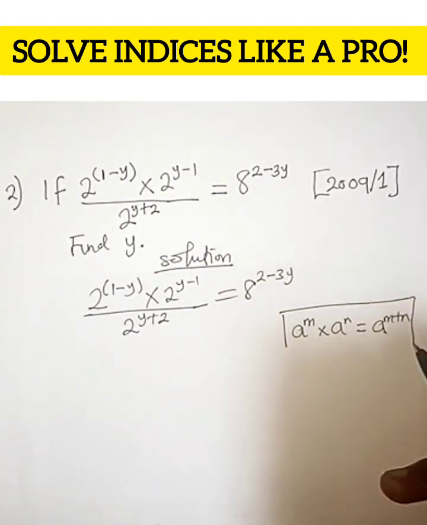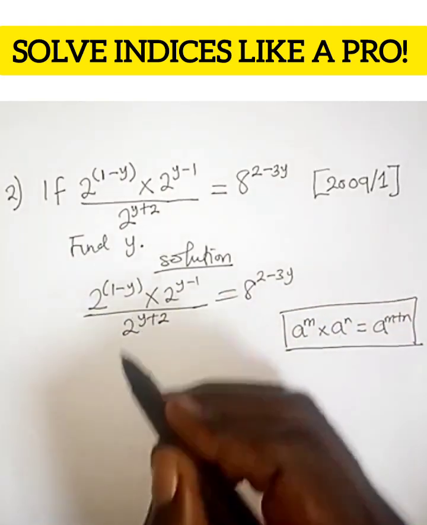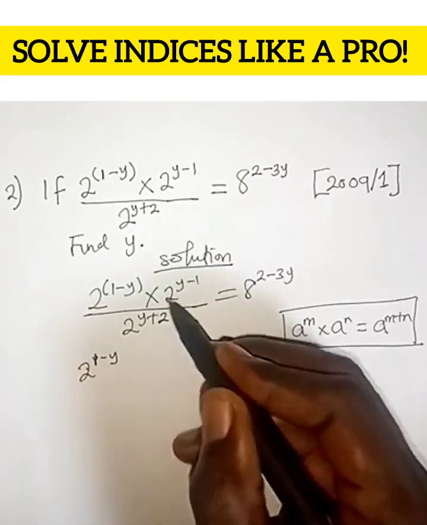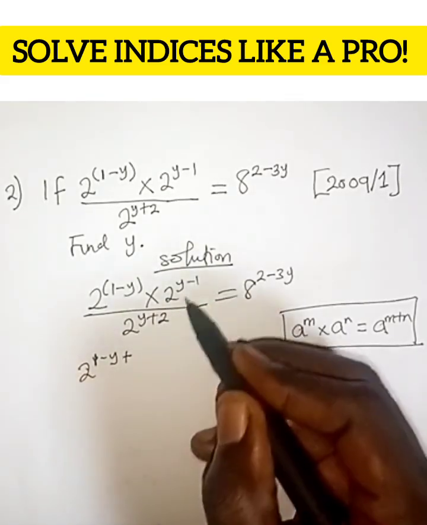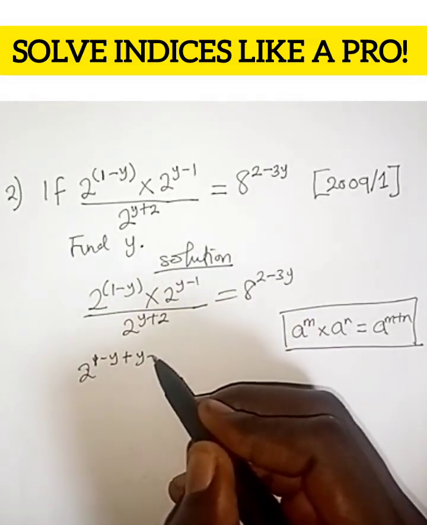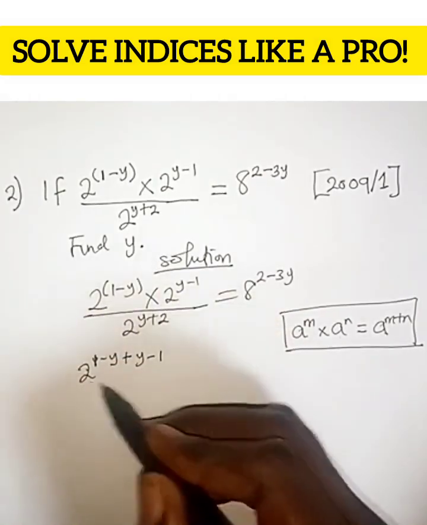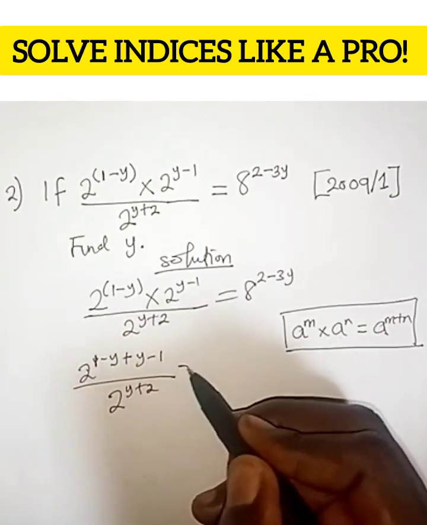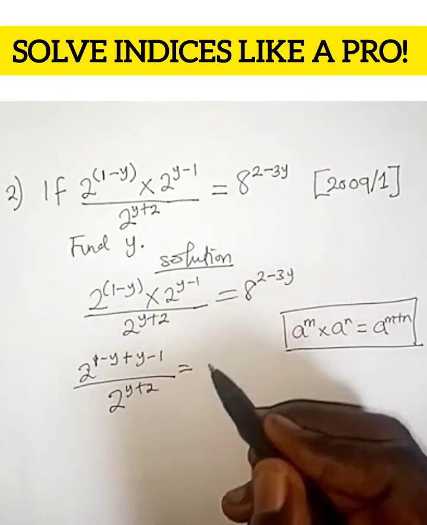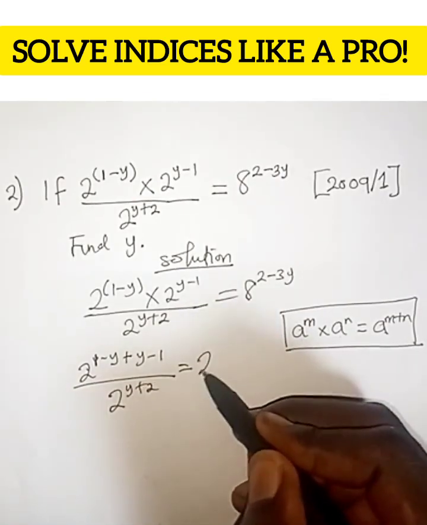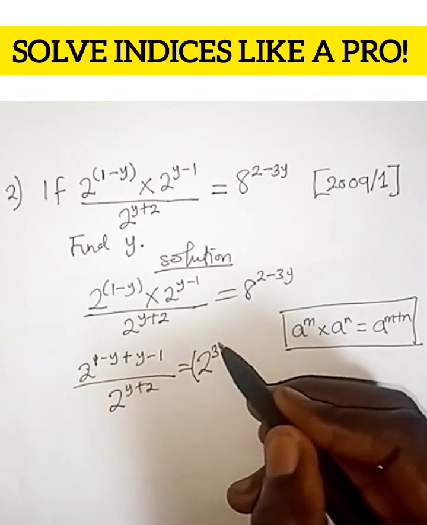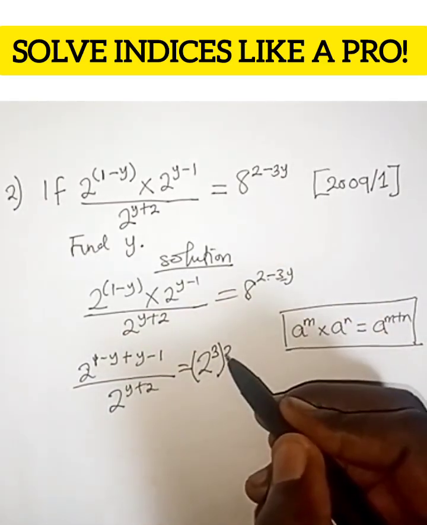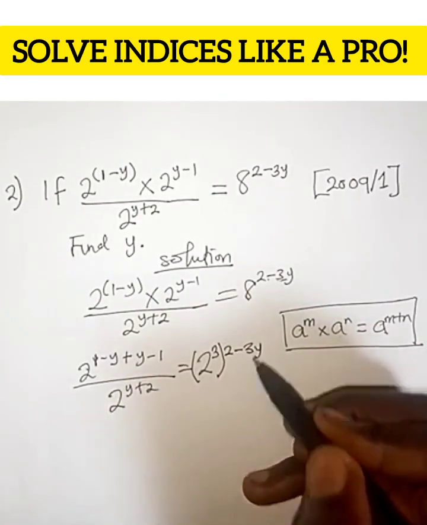So if you apply this rule, we are going to have 2 raised to power 1 minus y plus y minus 1, all over 2 raised to power y plus 2, equal to, now this 8 can be expressed in the same base, which is 2 raised to power 3, that is 8. 8 is 2 raised to power 3. Then we put your 2 minus 3y here.